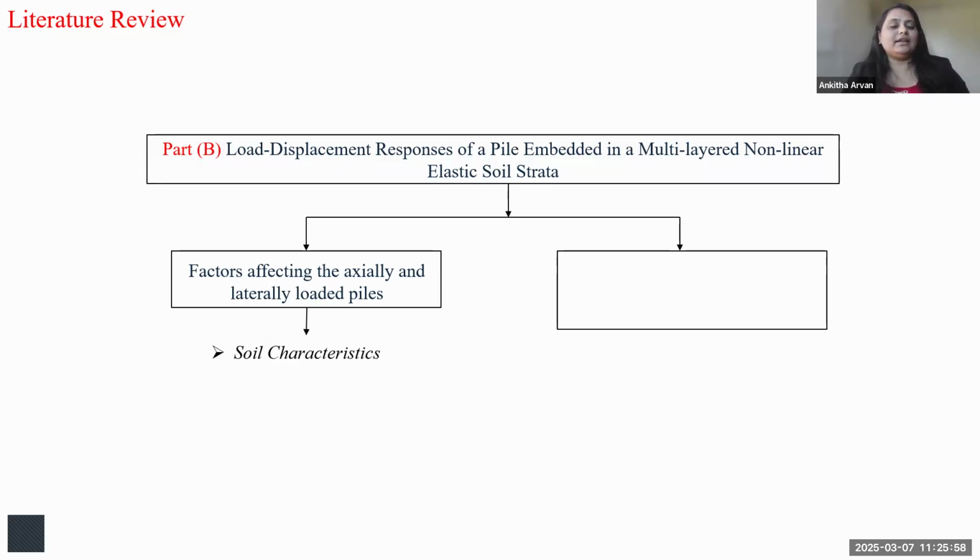There was, of course, limited research on a mixture of soil conditions, but I did find a lot of literature on clay and sandy soils. Then also the pile characteristics, like the material of the pile, if it was timber, steel, concrete, or concrete-filled steel tubes, etc. Then the type of loading, if it was affected by just axial load or lateral load, or if it had a moment taken into consideration, etc.